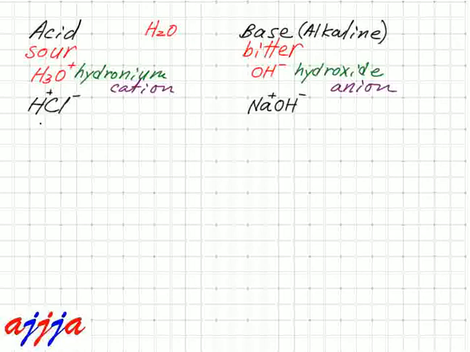I highly recommend you remember just a few acids and a few hydroxides, just the important ones. Hydrochloric acid, very important. The next one I recommend you remember is H3PO4.